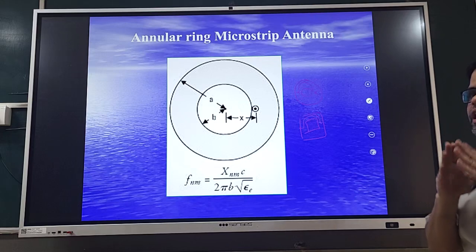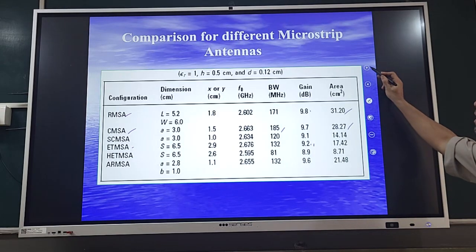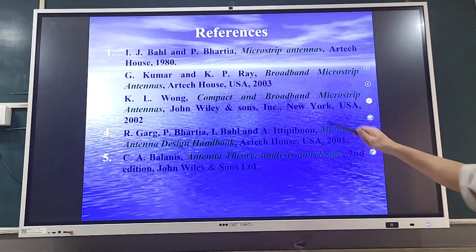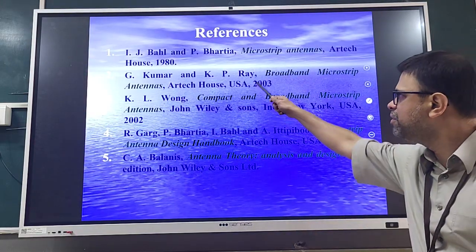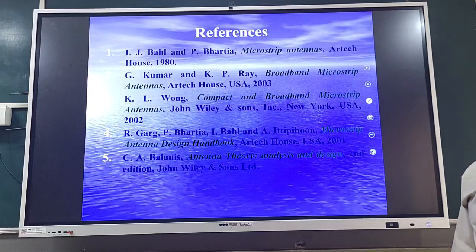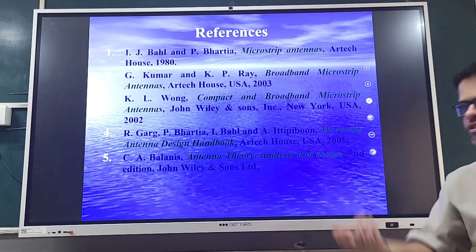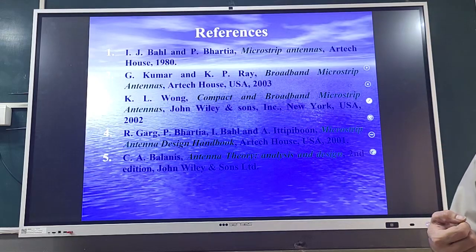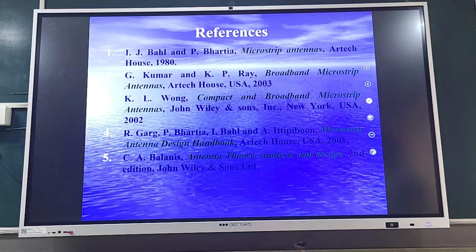So here we complete your topics related to the introduction. More detail about that you can definitely find in the first book, Bahl and Bhartia, Microstrip Antenna Design, or even chapter 1 and chapter 2 of Girish Kumar and KP Ray, where all these discussions related to the basics of regular shape microstrip antenna, their higher order modes, resonance frequency equation, and even a bit of parametric study related to the effects of various parameters are mentioned.